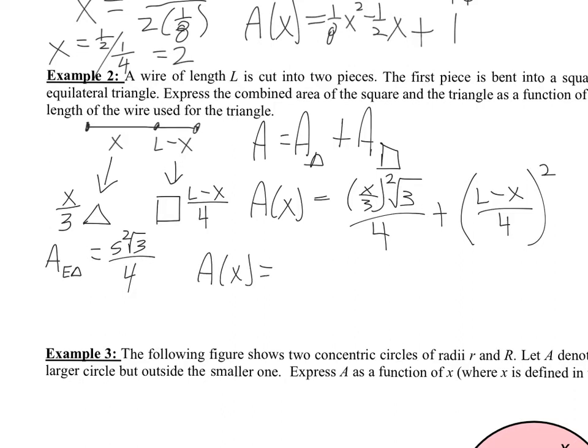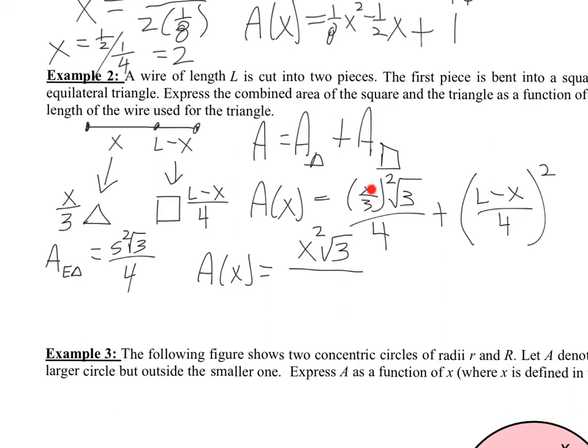The other method, where you have the flipping of the x and the L minus x, the algebra definitely gets nasty, and you can look at that in the notes. But in any case, here we go. We have x squared in the numerator, and then we have a root 3. Now 3 squared is 9, but then we can move it down here.